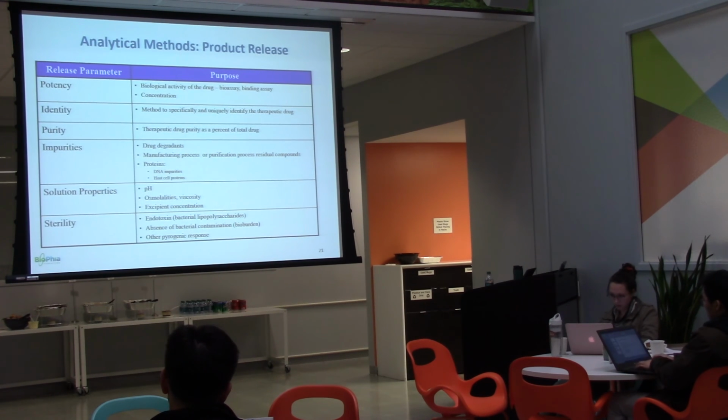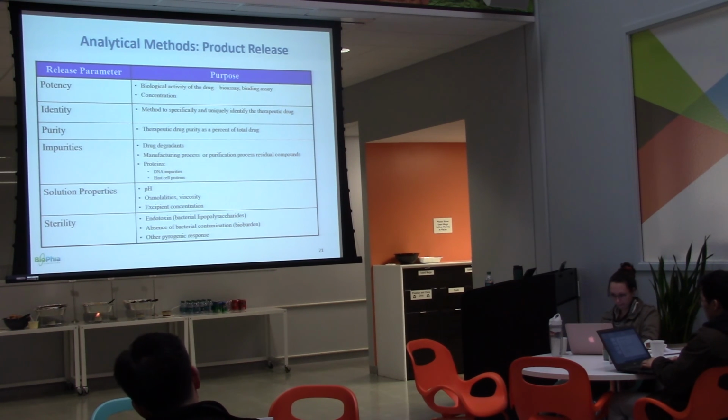The impurities here, you can get degradation from small molecules and biopharmaceuticals. So what are the degradation processes that occur when it gets to stability? Solution properties, sterility is one of those things we haven't talked much about, but obviously, when you're making your final product and you're releasing it, you have to demonstrate that your sterility process works.